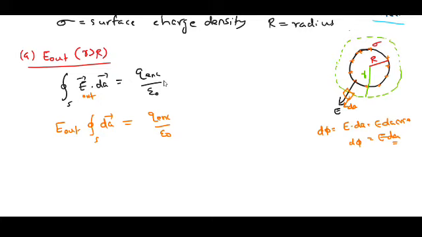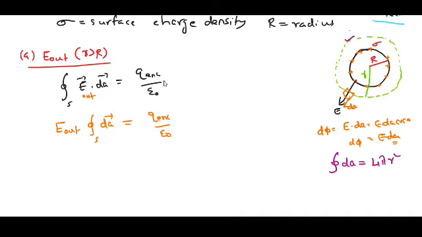What is this surface integral of dA? That is the surface area of this Gaussian surface. This Gaussian surface is nothing but the spherical shell surface. What is the area of the spherical shell? The surface area of the solid sphere or the spherical shell both have the same equation, 4 pi r square.